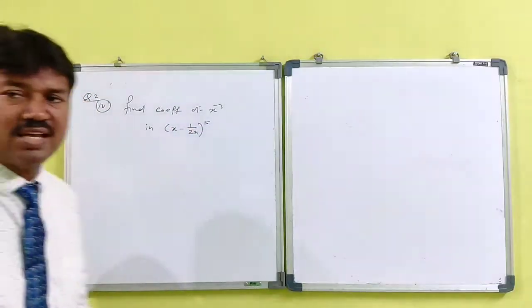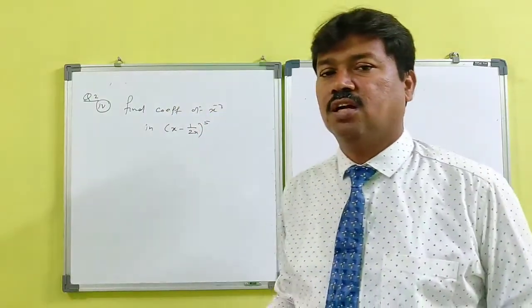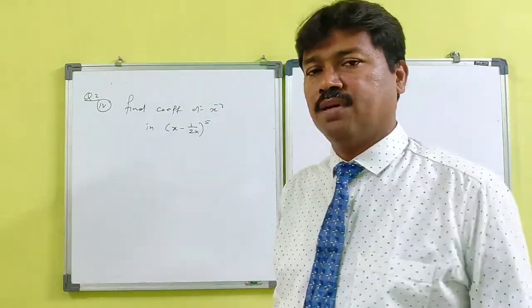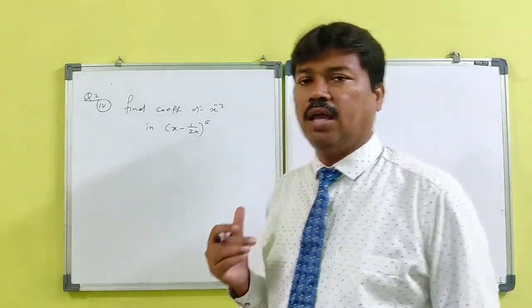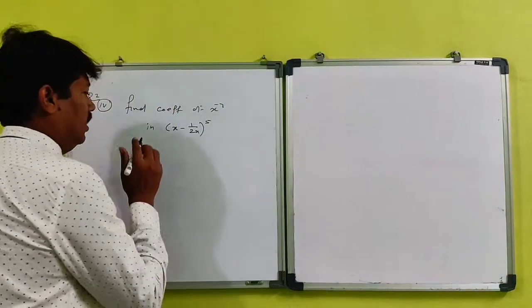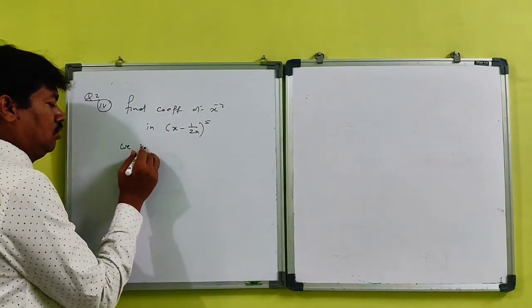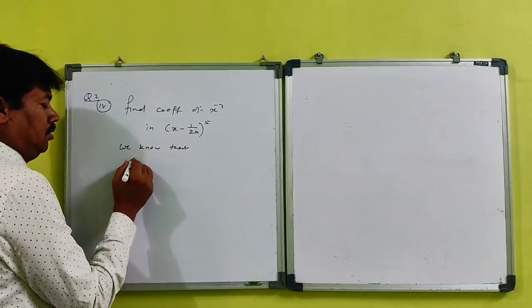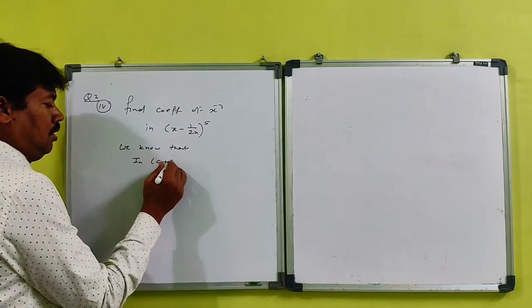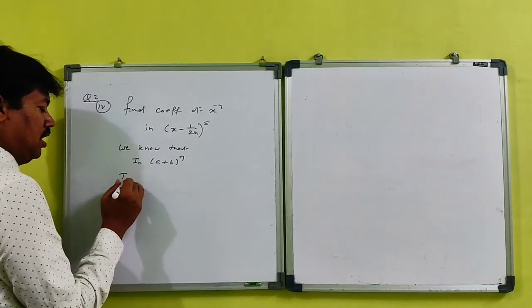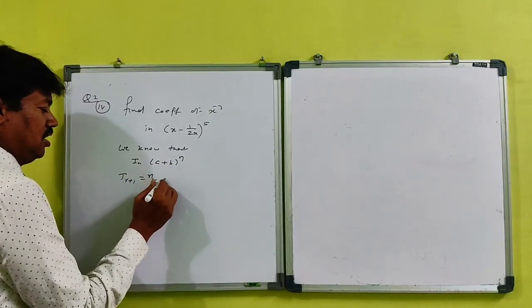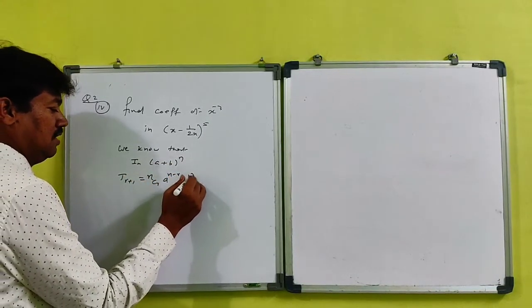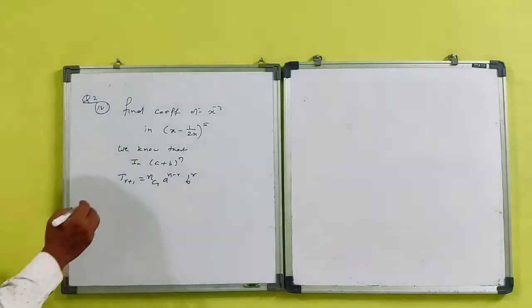Again you have to use the same formula, that is t r plus 1 for a plus b raised to n. We know that in a plus b raised to n, t r plus 1 is nCr, a raised to n minus r, b raised to r.